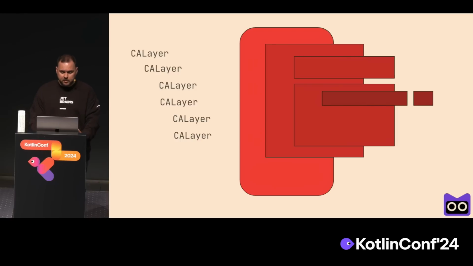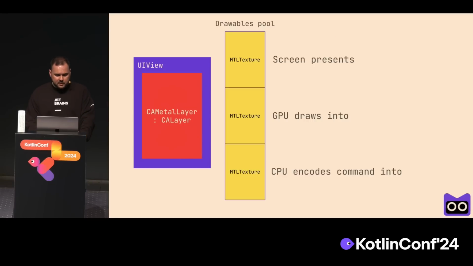In fact, every UIView has at least one, and there are very different flavors of layers for doing different stuff. And luckily, we have a special flavor of Core Animation layer to draw in using Metal. Our UIView has a Metal layer. Metal layer is internally managing a pool of textures to request and draw into. And it's a highly congested entity. It means all of the textures it manages could be busy with something at the same time.